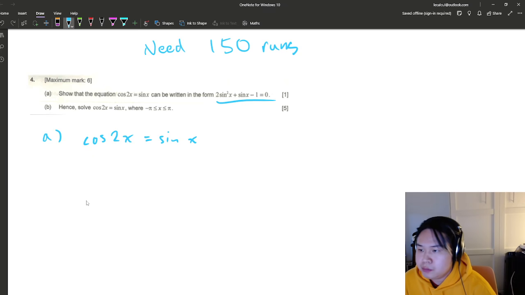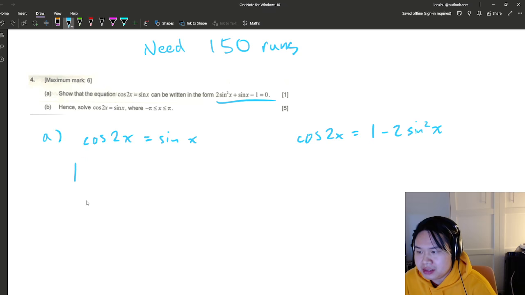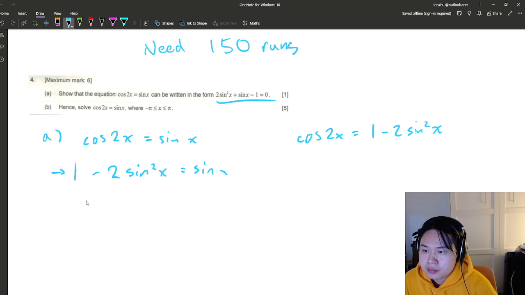The way we do that is to use identities. So cosine double angle, and this is in your form booklet, is 1 minus 2 sine squared x. So we can just use the identity here. And then if you rearrange this, it becomes whatever they want.